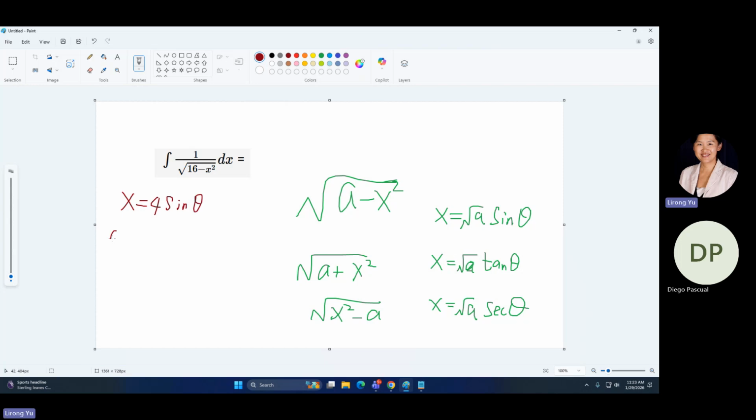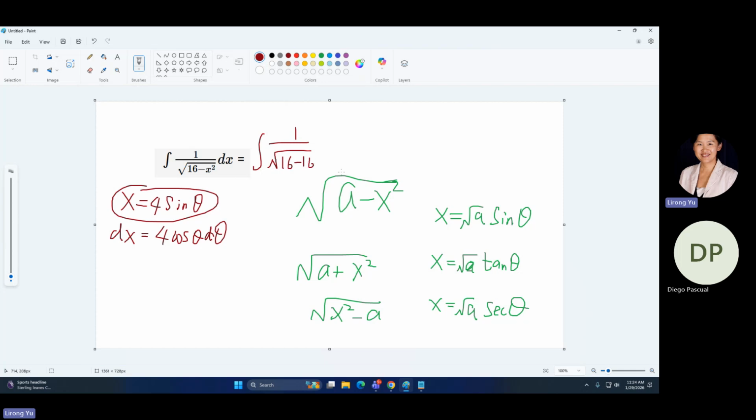Right, and then therefore dx, which is the differential, equals 4 cosine theta. And I'm going to start doing the substitution. So this is equal to 1 over root of, if x equals 4 sine theta, then x squared equals 16 sine squared theta. So this is going to be 16 minus 16 sine squared theta.